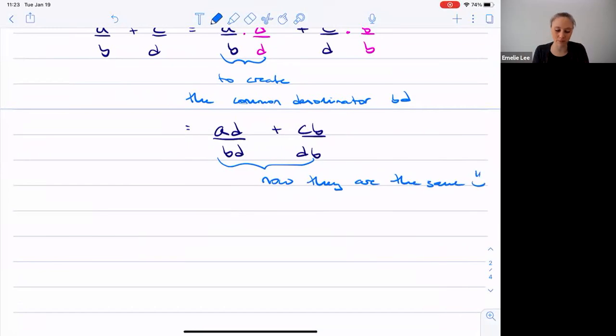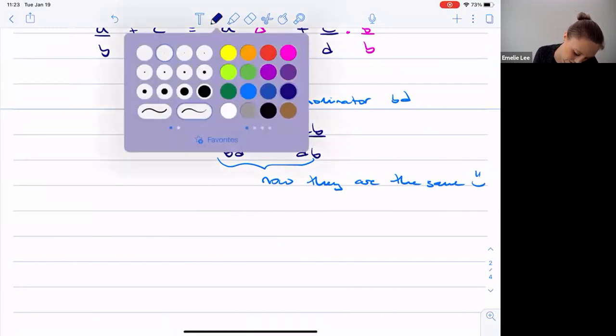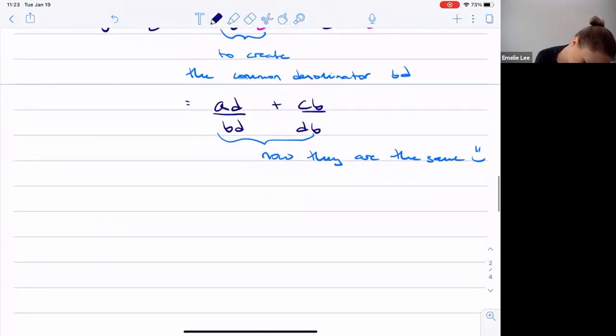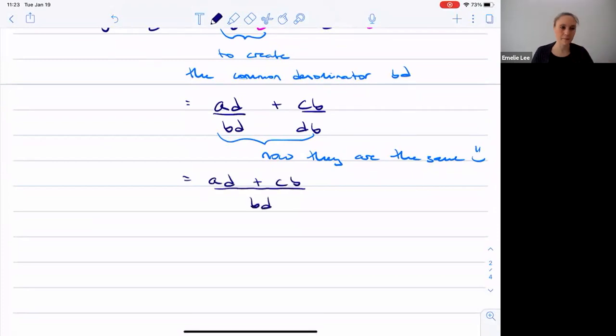Now I'm allowed to combine the numerators. So I add the numerators and put them over this common denominator, and that's from property 3. So this becomes AD plus CB over BD.